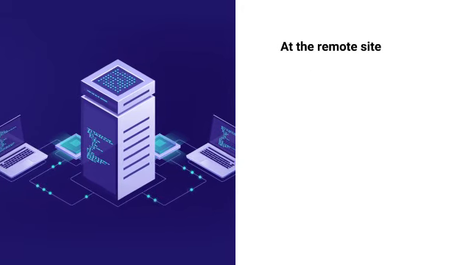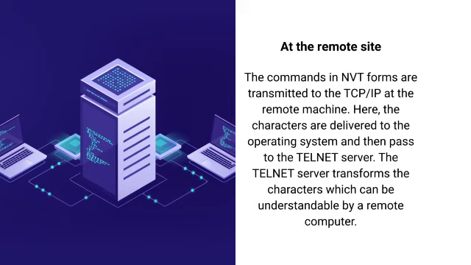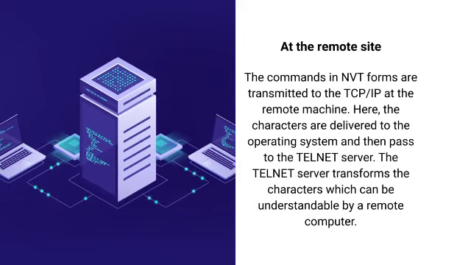At the remote side, the commands in NVT form are transmitted to the TCP/IP at the remote machine. Here, the characters are delivered to the operating system and then passed on to the Telnet server. The Telnet server transforms the characters into a form understandable by the remote computer. However, the characters cannot be directly passed on to the operating system, as the remote operating system does not allow characters from the Telnet server.